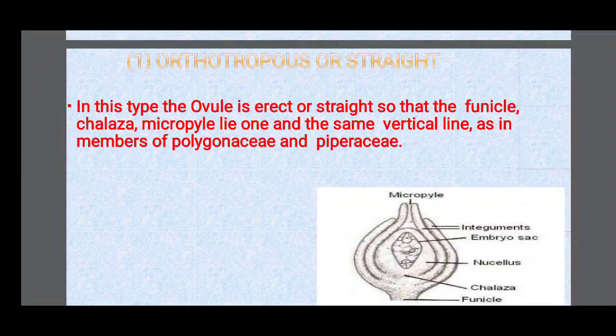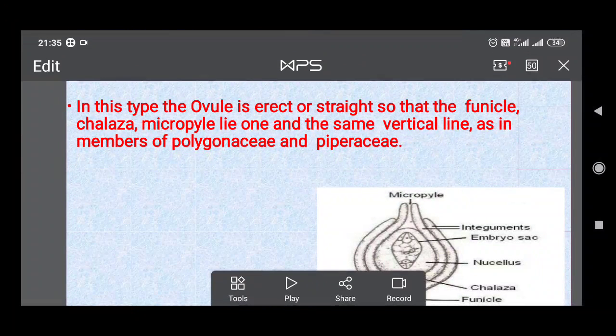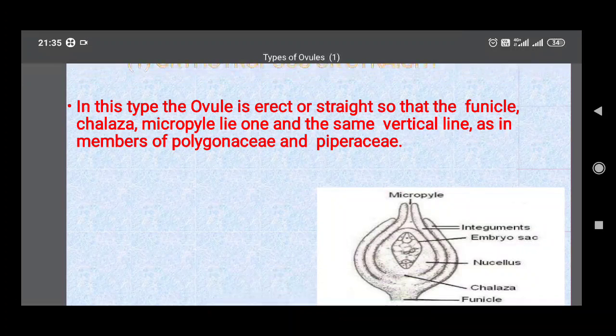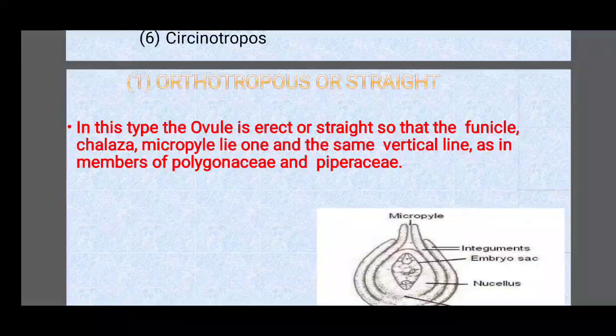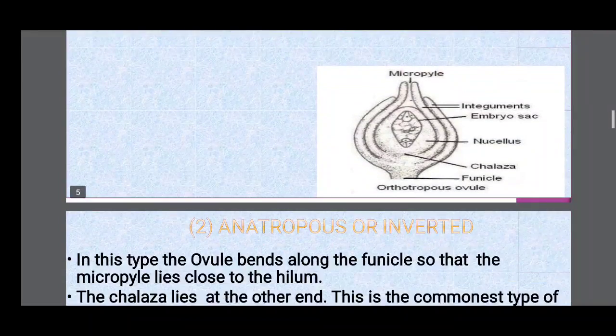So in orthotropous, the ovule is erect and straight, and the funicle, chalaza, micropyle are in one straight vertical line. The best examples of the orthotropous ovule are the Polygonaceae and Piperaceae family members.